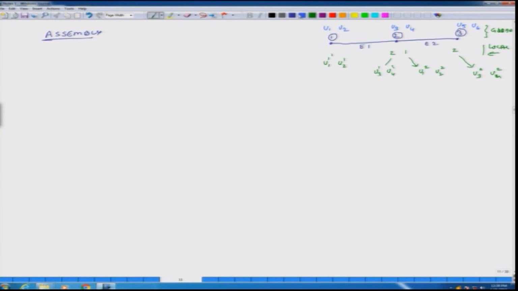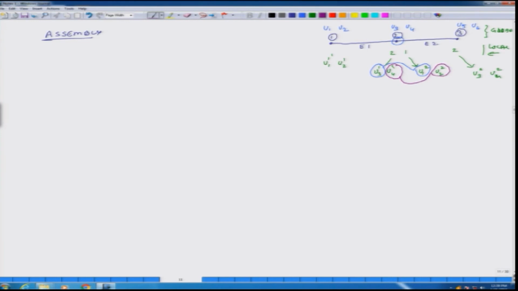So, at this node, this degree of freedom is equal to this degree of freedom at the common node, and this degree of freedom is equal to this degree of freedom.